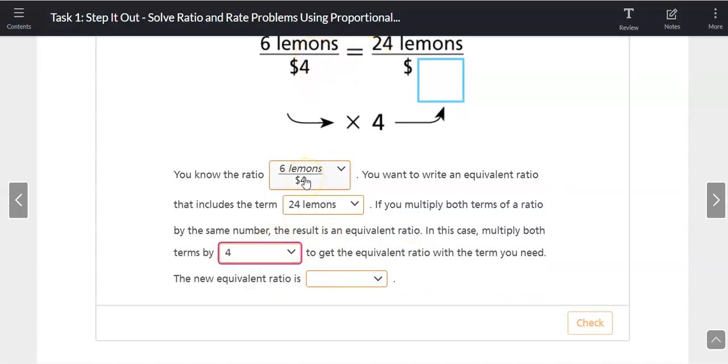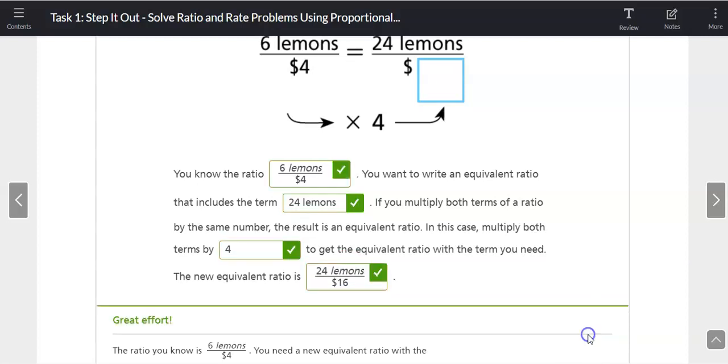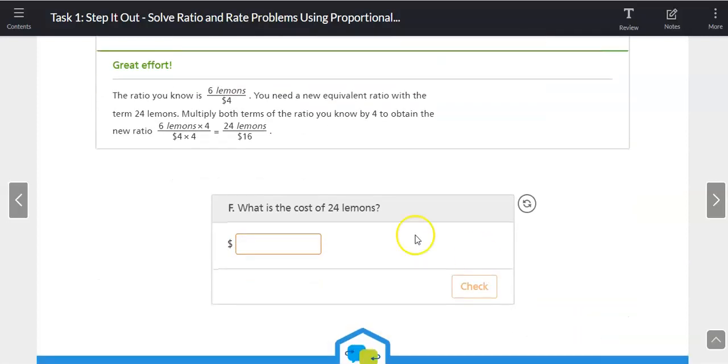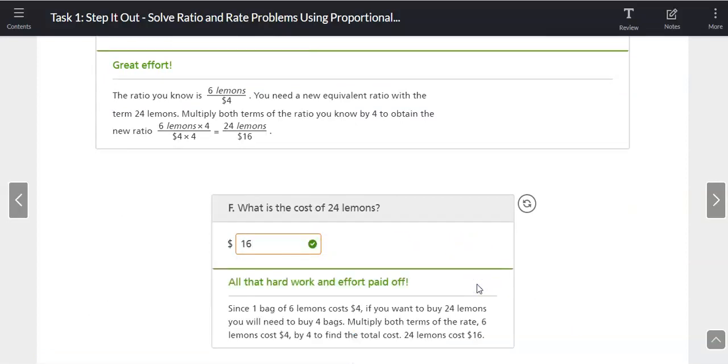To get the equivalent ratio with the term that you need, the new ratio is 24 lemons per $16. So what is the cost of 24 lemons? It is $16. So they took one problem and they broke it down into lots of steps. Remember, doing this on your own, they're not going to break it down that far for you, so it's going to take way less time.